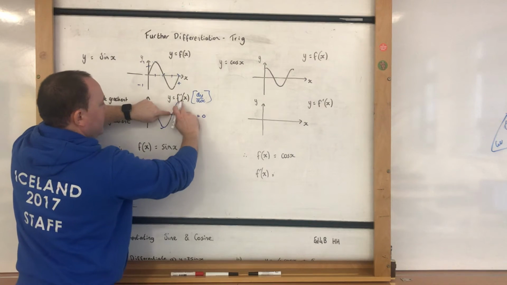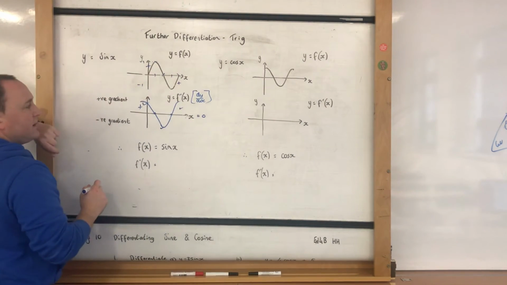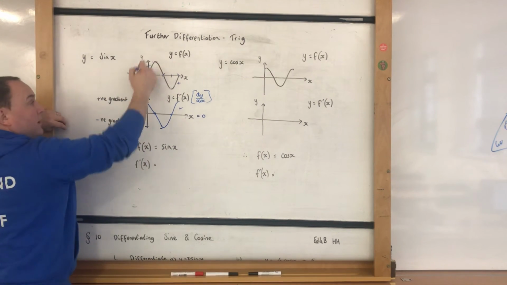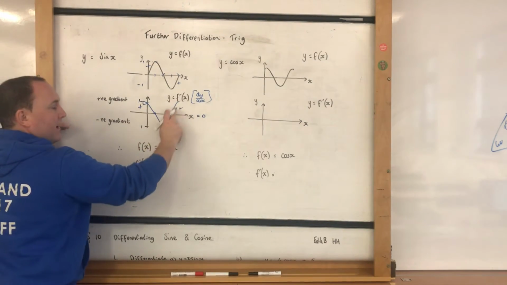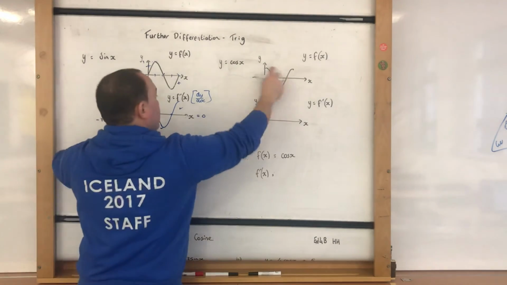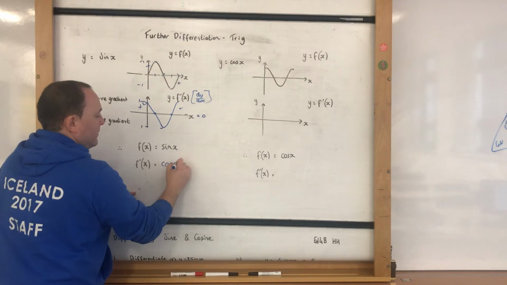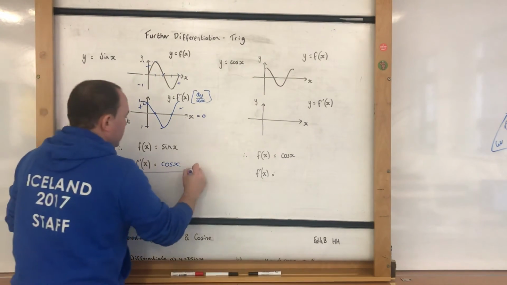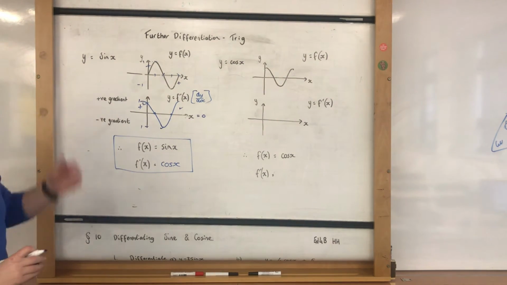And then from here to here, it's positive, so it's above the x-axis. These values will be the same values that are up here, the 1 and the minus 1. And this shape should be familiar to you. So the derivative of sine is cosine. Okay, and that's a rule that you'll just remember, and it's on your formula sheet as well.